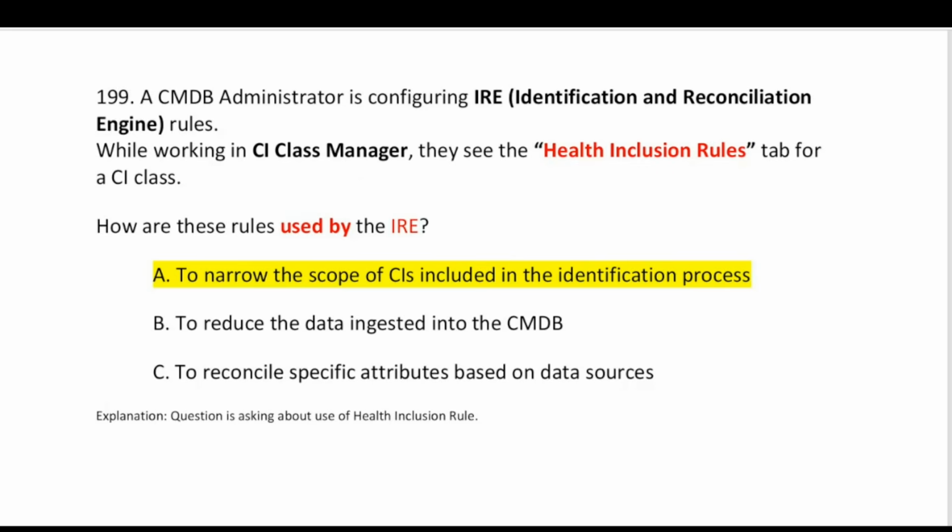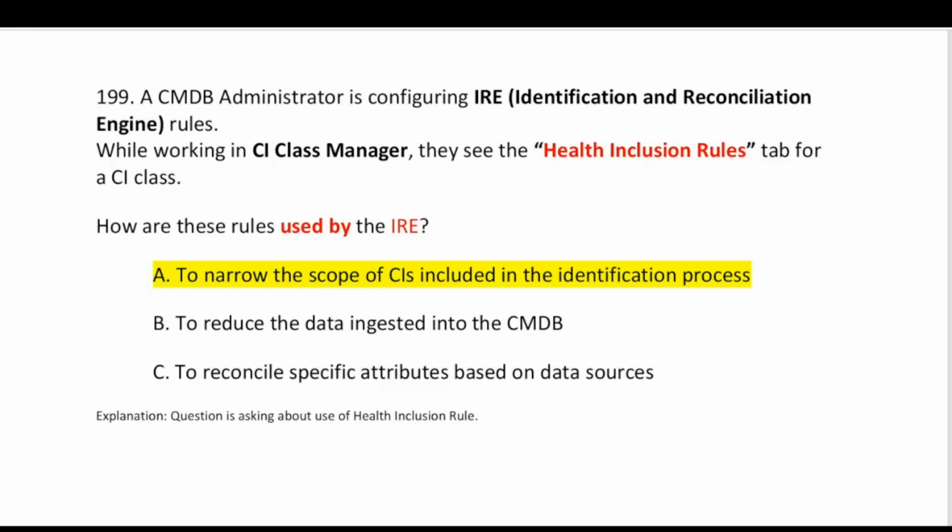Question is, a CMDB administrator is configuring IRE, that is Identification and Reconciliation Engine rules. While working in CI Class Manager, they see the Health Inclusion Rules tab for a CI class. How are these rules used by the IRE?